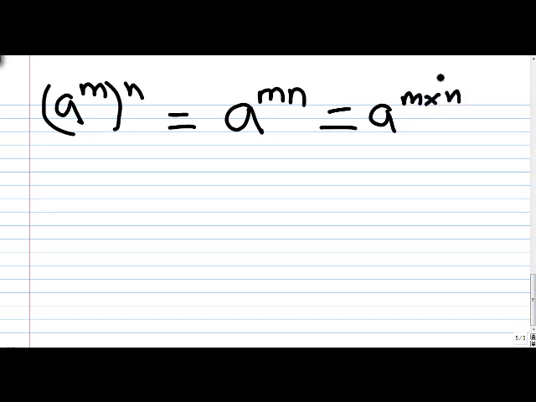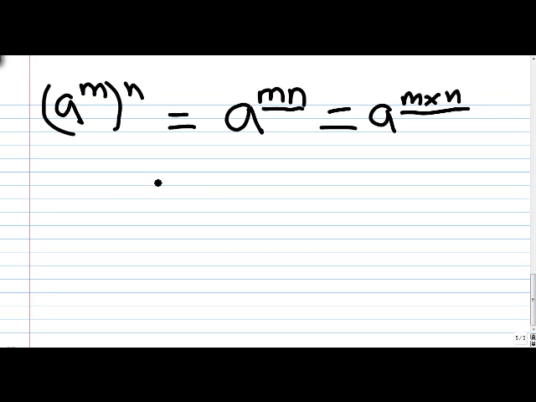You can just multiply m and n to get m times n. It means the same thing, it's understood.